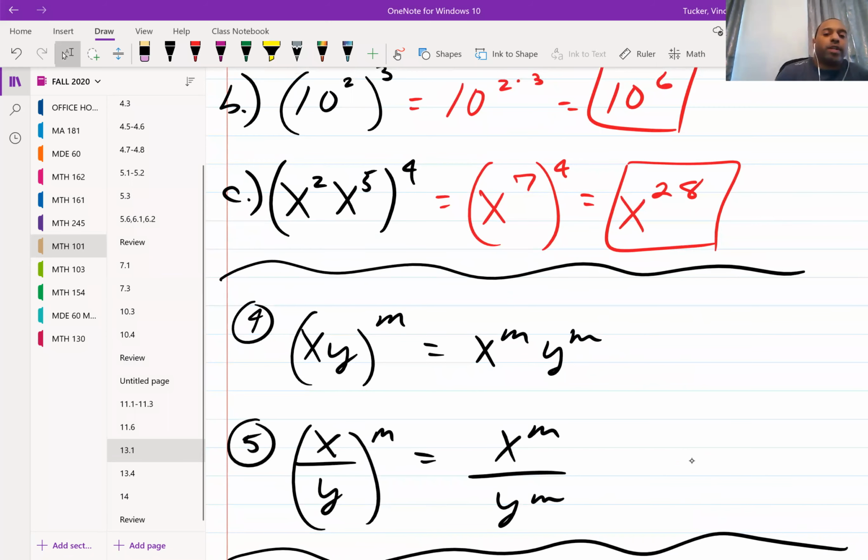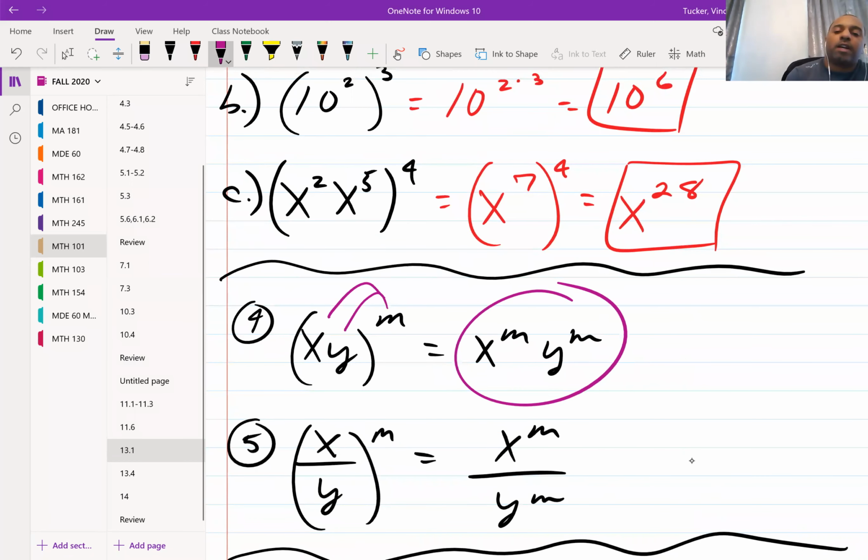All right, so the next 2 rules: x times y raised to the nth power. So this m is going to be applied to each term in the parentheses. That's why we have x to the m times y to the m. Same thing with x divided by y raised to the nth power. That m we apply to the top and bottom.